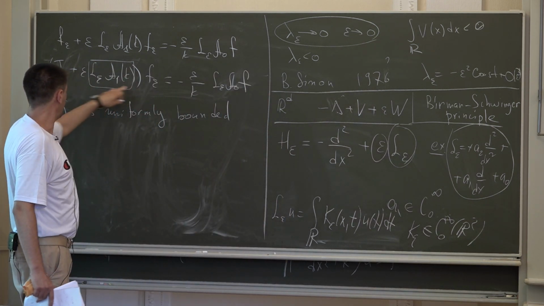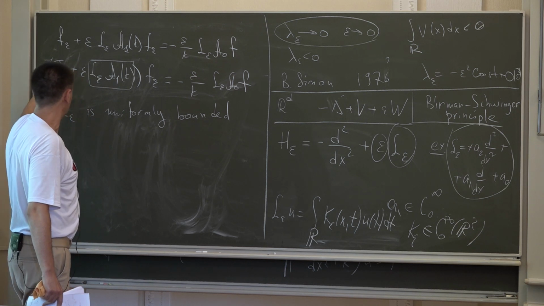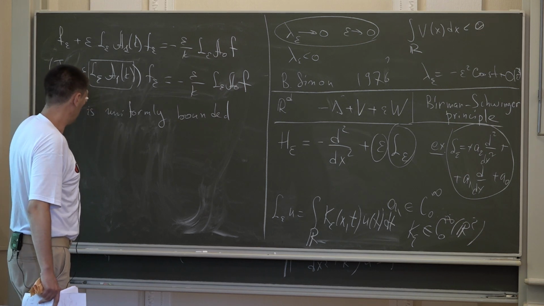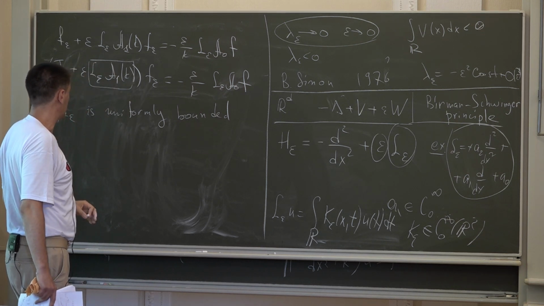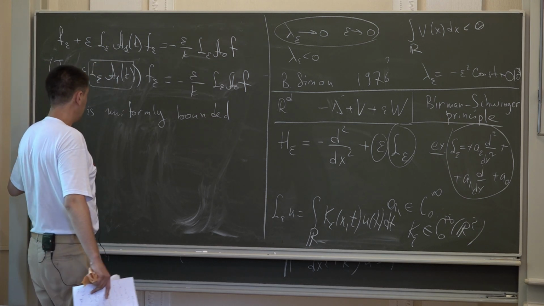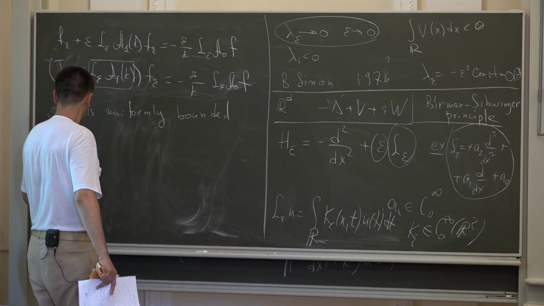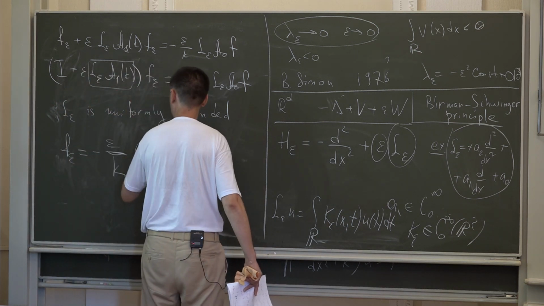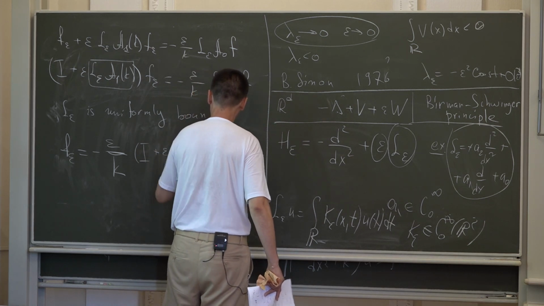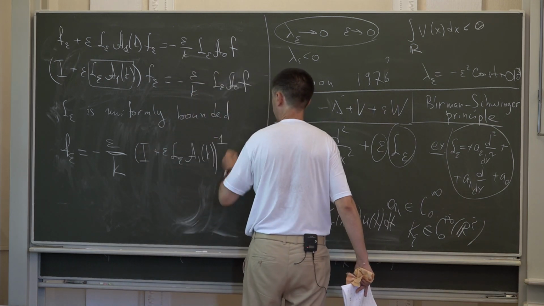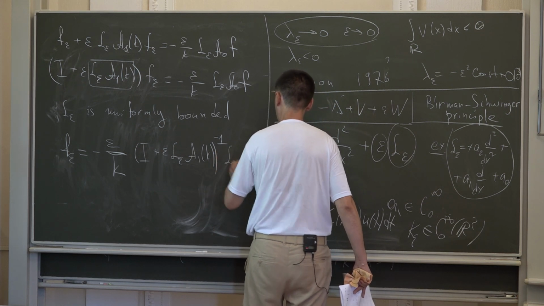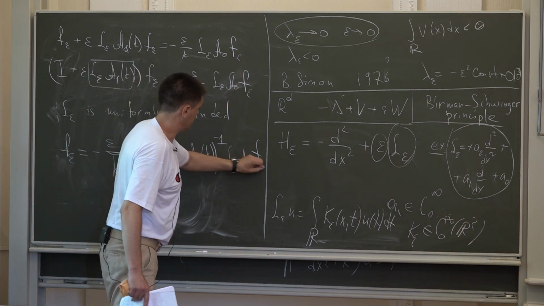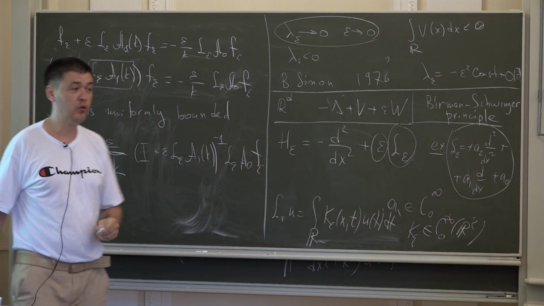Then we have here an almost identity mapping: the identity operator plus some small perturbation, and of course it has a bounded inverse. And we actually solved this equation.